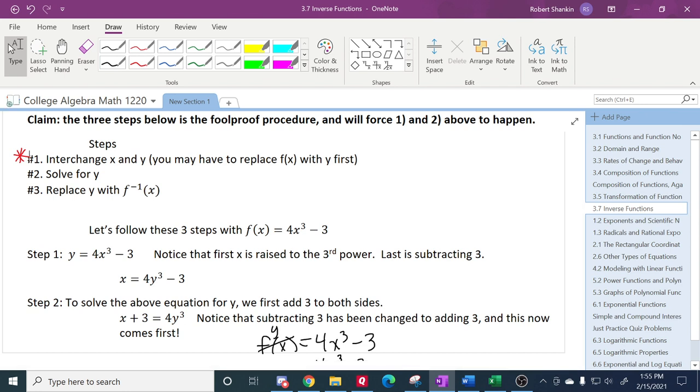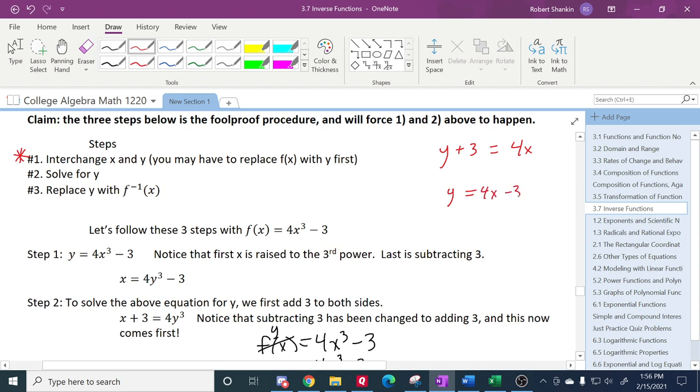If you have something like this, like if you have y plus 3 equals 4x, and then you subtract 3 from both sides, y equals 4x minus 3. If you graph this one, or if you graph this one, you get the same thing.